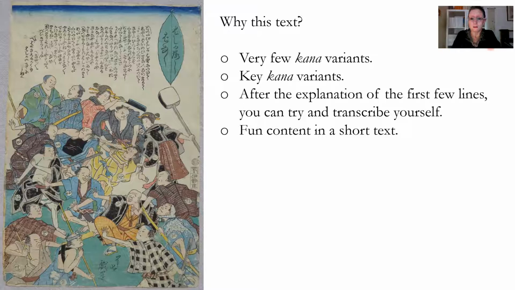That means that after the explanation of the first few lines, you can try and transcribe yourself, and this is indeed what I will ask you to do. On top of that, this is a fun story to read. It's very short, discrete, and all easily readable and great fun, because at the end we will have a pun.